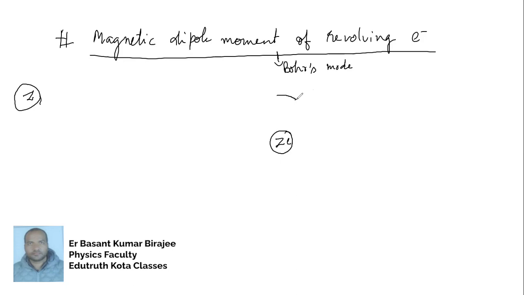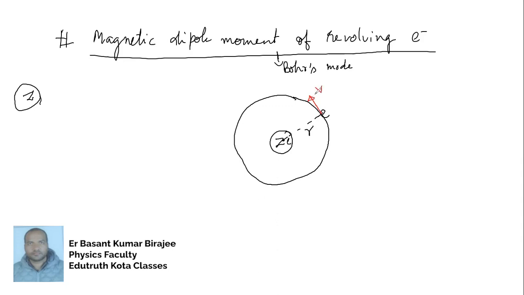Now say our electron is moving in an orbit, this one, and it has some radius r. And our electron is moving in this direction. Let its velocity be v.